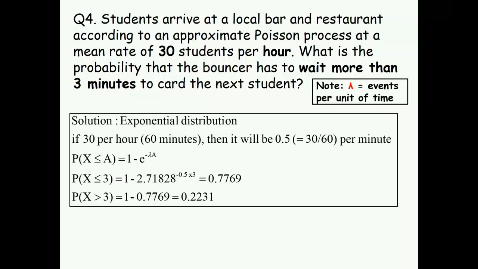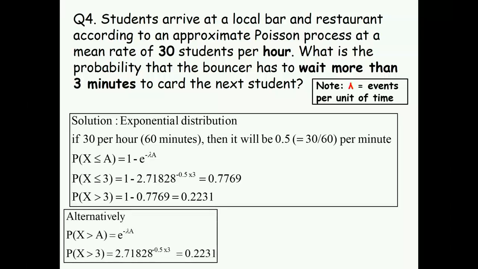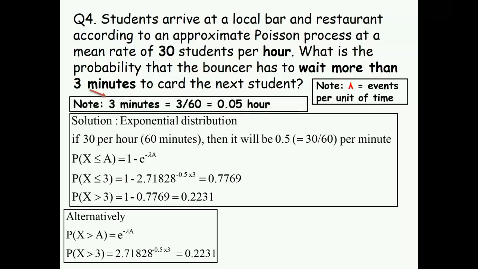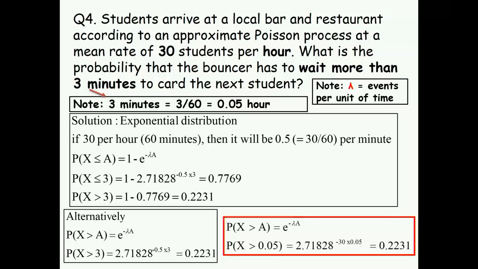It's possible to do it differently. Instead of converting lambda, I convert the time into hours: 3 minutes is 0.05 hours. So I could still use this 30 because I changed the question into hours.